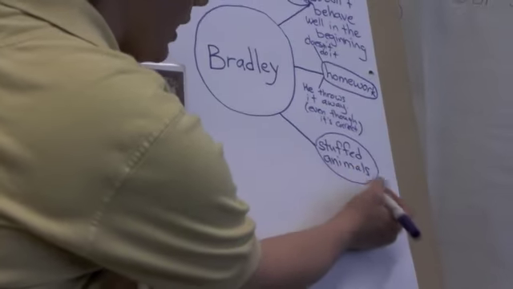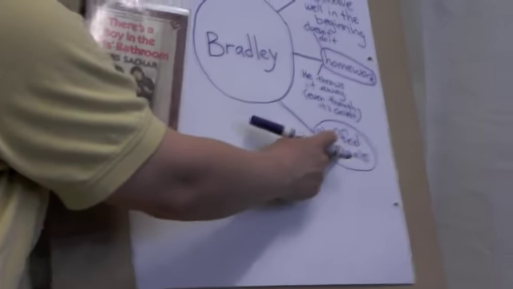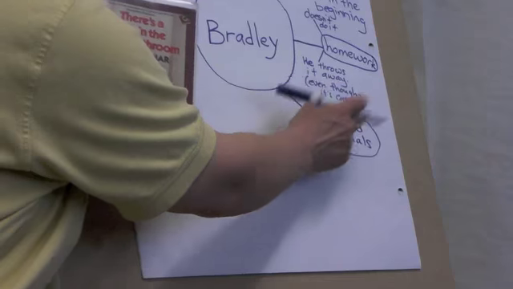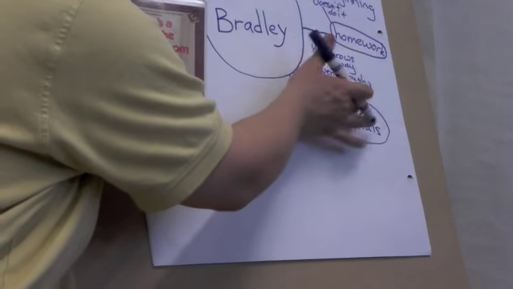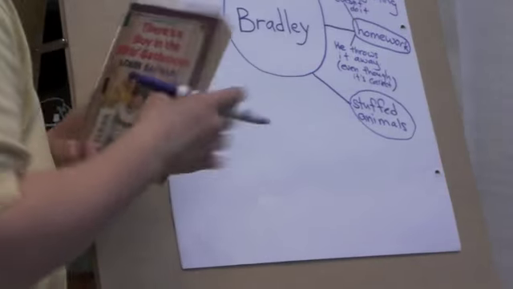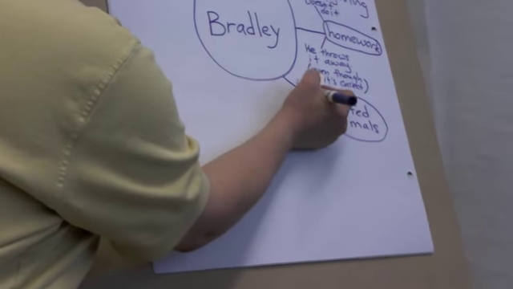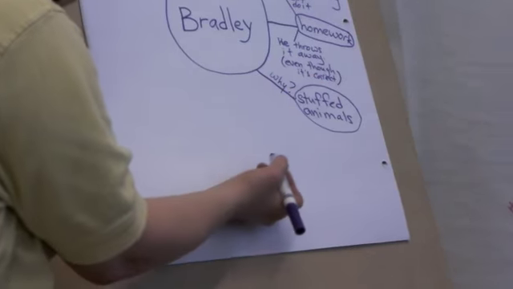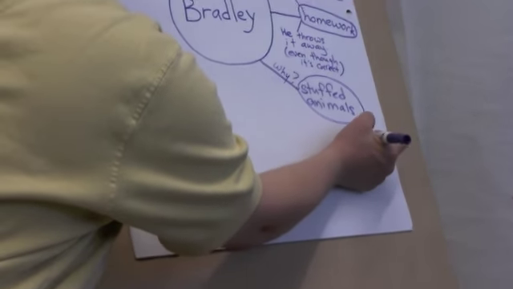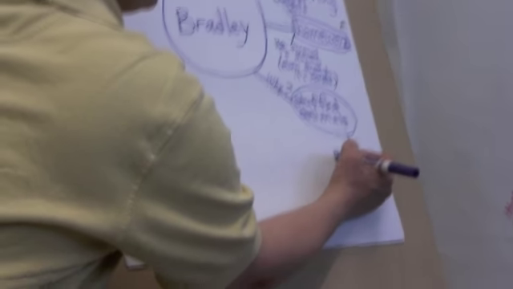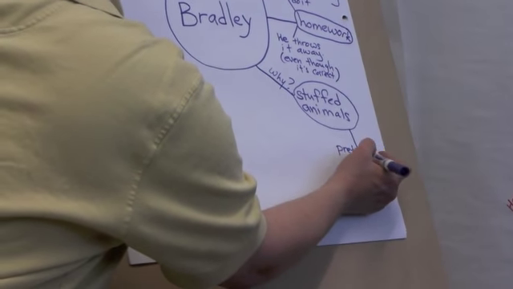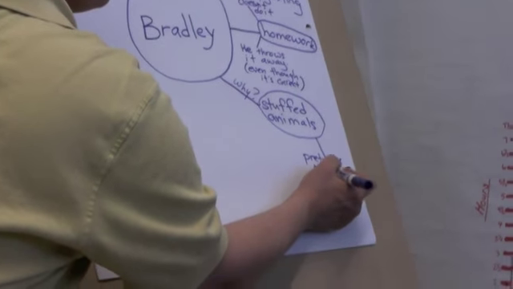We've heard about these stuffed animals from the beginning of the story, haven't we? So I would say that's a big part of Bradley's character. I'm wondering, why are those stuffed animals even in the story? That's a question that comes up for me. And you said he pretends they talk.